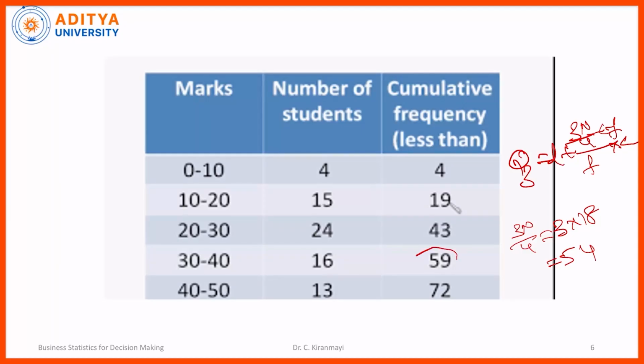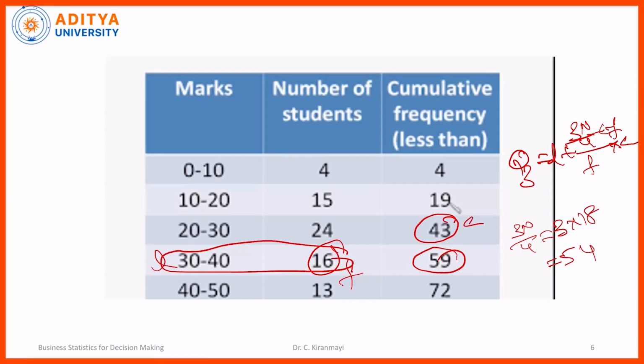Therefore, the third quartile class is going to be this one, and this is the L value, and this is the frequency of the third quartile class, and this is the value of C. Substituting all these values you can obtain the value of the third quartile, that is the value at which the whole data is divided into 75% and 25%, whereas the first part consists of 75% of the data, and the second part consists of 25% of the data.